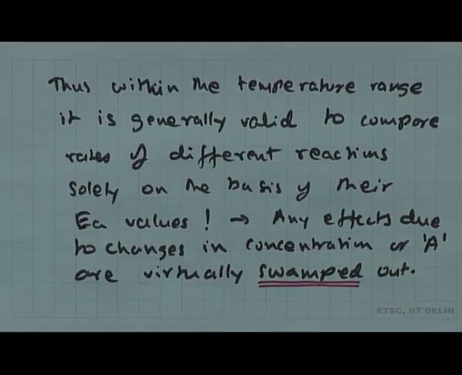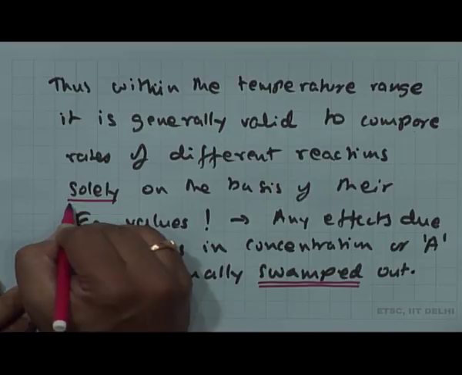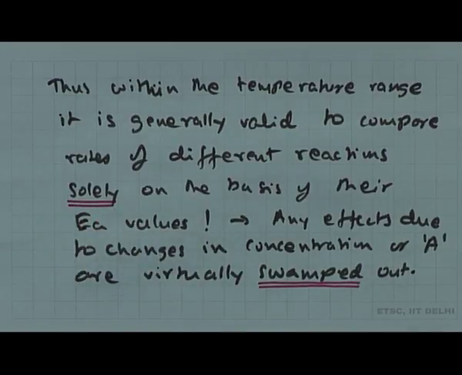I can say solely on the basis of their activation energies. Why? Because their effects are negligible when the effects of A or concentration are negligible as compared to the influence that EA has on the reaction rate.